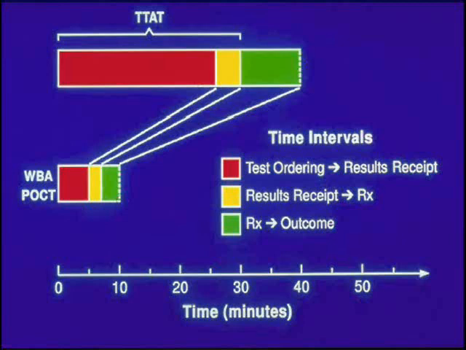The very top bar is the traditional style of testing using some kind of laboratory tests. It takes about 35 to 40 minutes to achieve an outcome following test order. When using whole blood analysis, WBA, at the point of care, shown in the compressed time interval below the first time bar, you can see that it has been reduced to about 10 to 12 minutes.